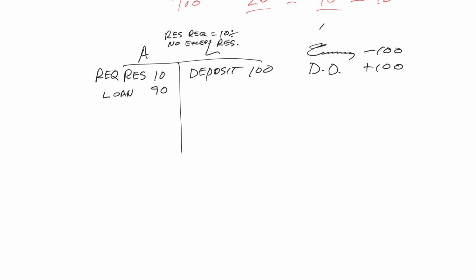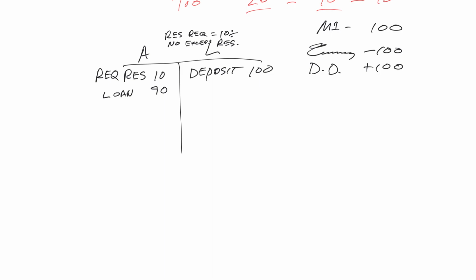Okay, so let's say M1 starts out as 100. Then the currency went down by 100. Demand deposits went up by 100. So it's still 100. No change in the money supply. But then the bank lends out 90 of it. Someone's running around with $90 in their pocket.